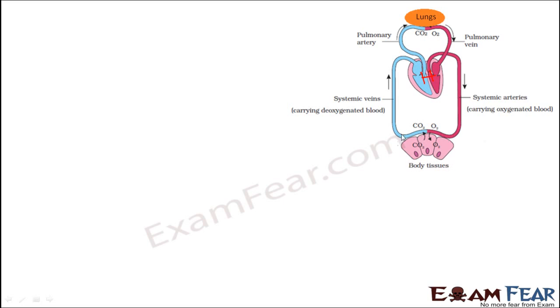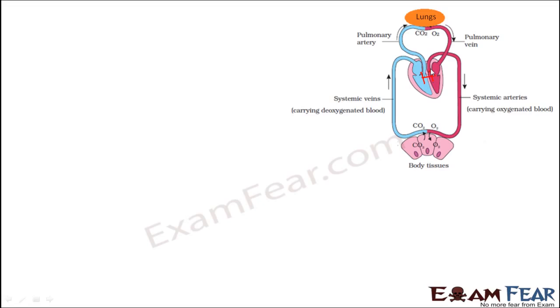But from the body tissues, the deoxygenated blood again goes back to the heart, and the heart pumps it back to the lungs, where the deoxygenated blood gets converted into oxygenated blood, because lungs are the places where oxygen is taken in from the atmosphere. So the blood is oxygenated, and the oxygenated blood is sent back to the heart. So this is how oxygenated and deoxygenated blood flows in our body due to the circulatory system, or with the help of blood, we can say.